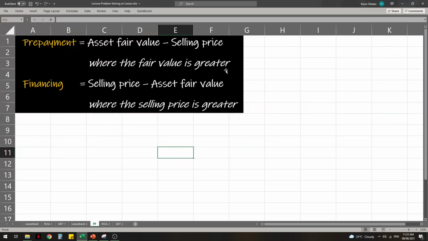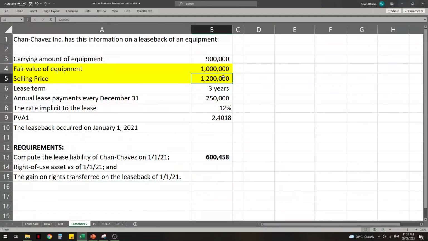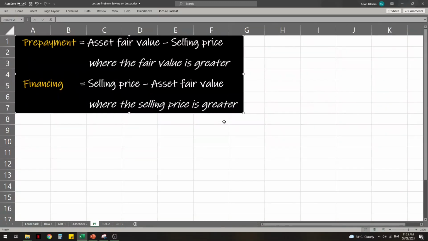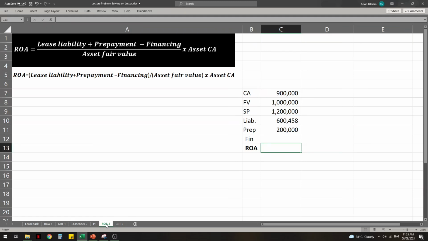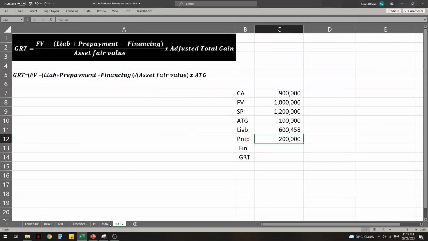So pag mas mataas si fair value, that is called prepayment. Pero kung si selling price naman yung mas mataas, that is what we call financing. Selling price minus fair value. In short, you are only taking their difference, and that can either be a prepayment or a financing. And when prepayment and financing is present, there will be a slight difference in our formulas for right of use asset and for gain on rights transferred.